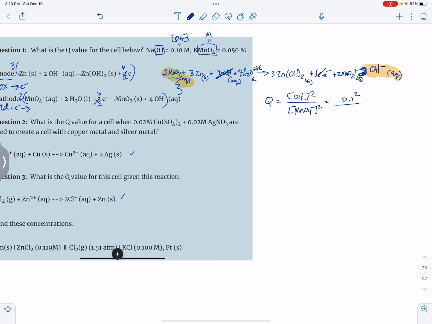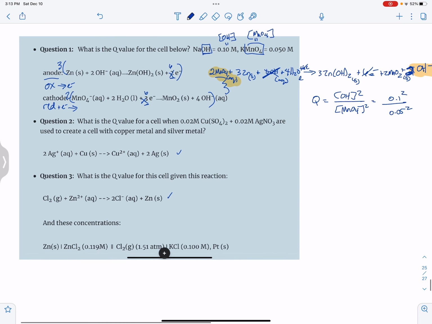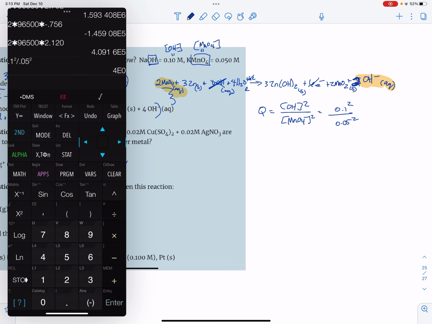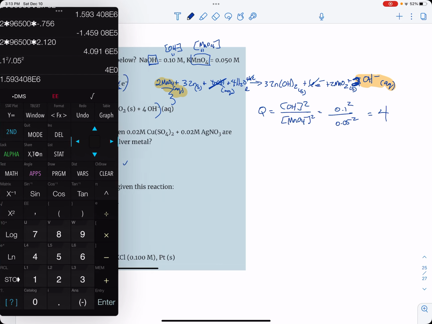That's the same thing as saying that this is the MnO4 concentration. So over 0.05 squared. Now I'll just plug it in. 0.1 squared divided by 0.05 squared. So the answer to that one is that the Q value is 4. We are going to be using the Q value in future lessons, so know that we've calculated that one.